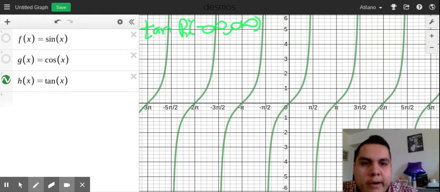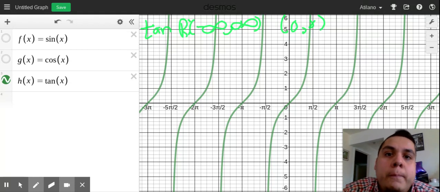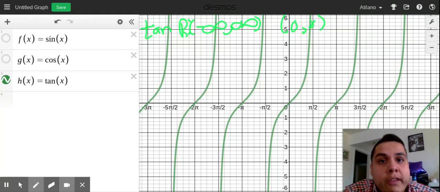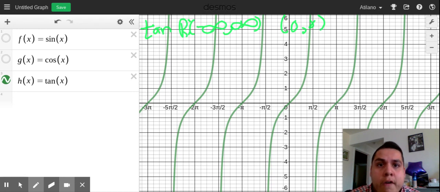It has a y-intercept at 0, 0. Okay. So I need to consider the period. And again, in the period, that should be from wherever I start to wherever I end, I capture all the behavior that seems to repeat itself for this graph.